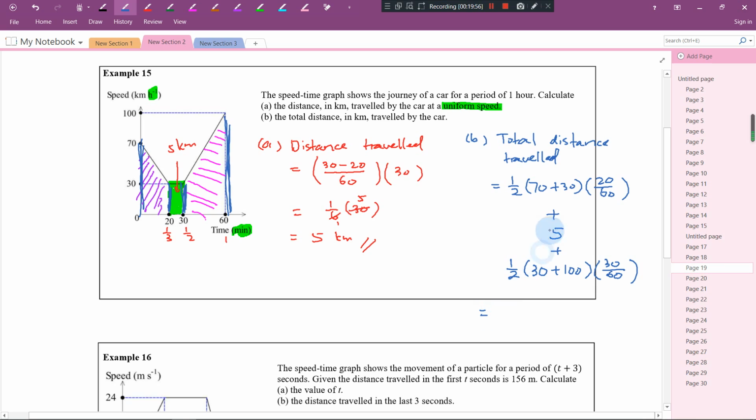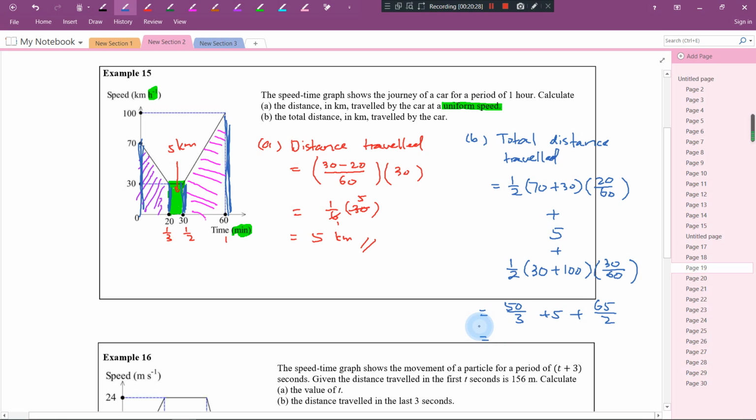Okay, so next thing, just press our calculator. So this 100, we calculate this part first. 100 divided by 2, 50 times 1 over 3. Here should be 50 over 3 plus 5 plus, so this is 65 over 2.